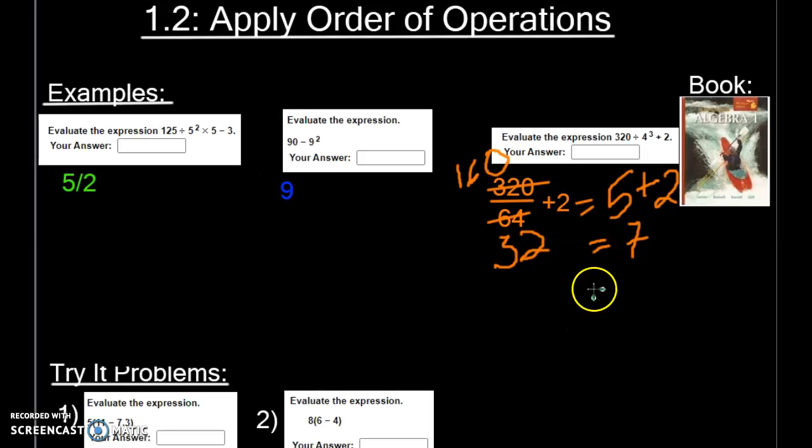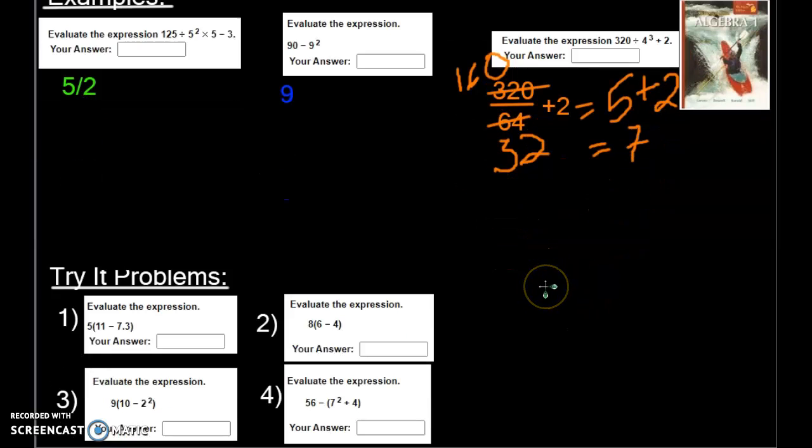Alright, hopefully you get a good sense as to how this is. It's pretty straightforward, just a matter of following the PEMDAS.